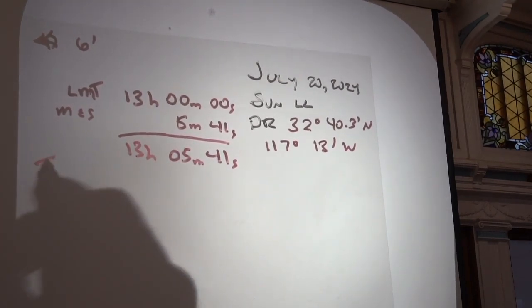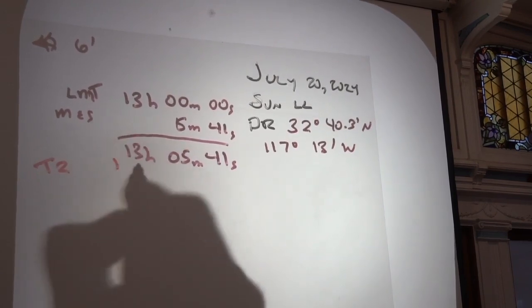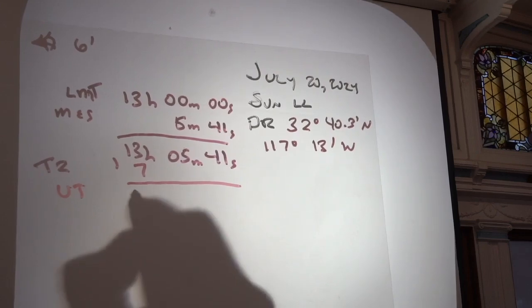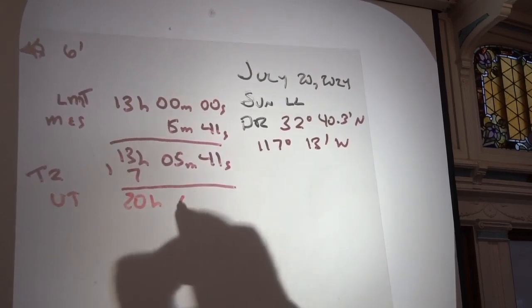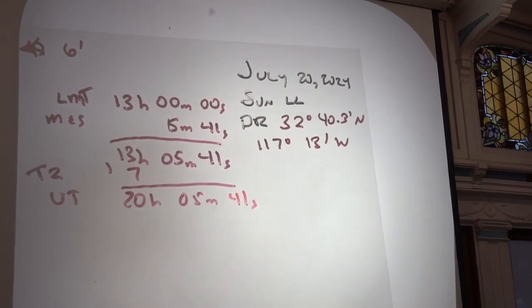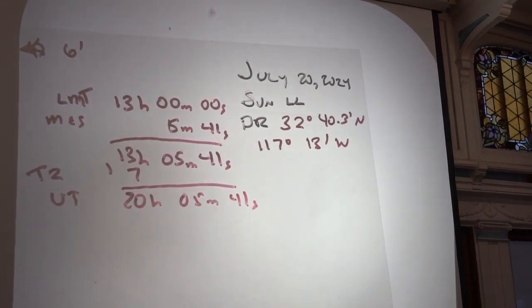With our time zone, we're at +7, so our UT is 20 hours, 5 minutes, 41 seconds. All right, well, that is our basic information.